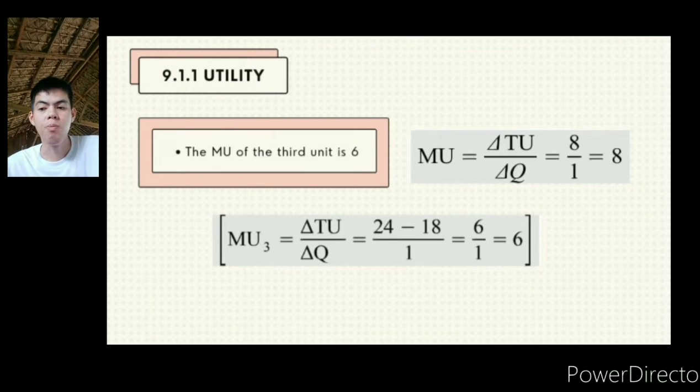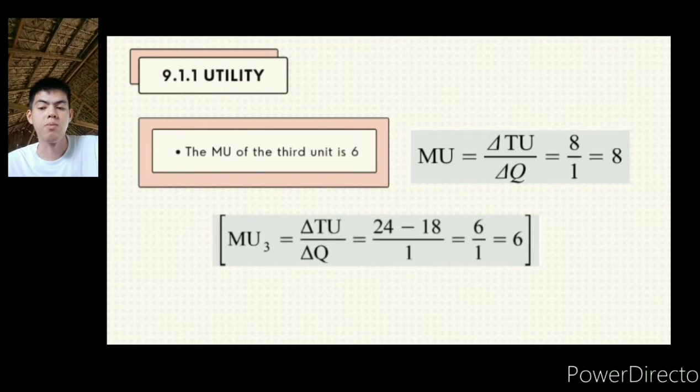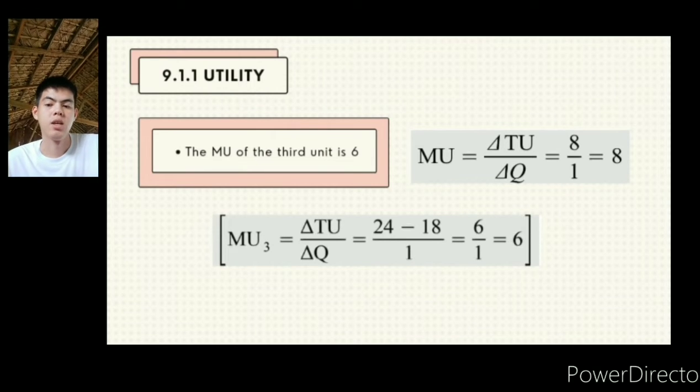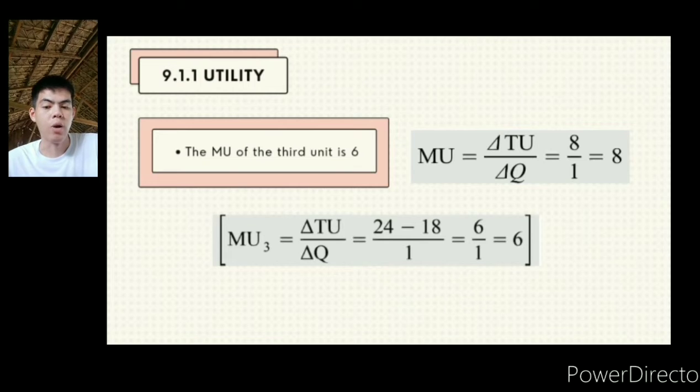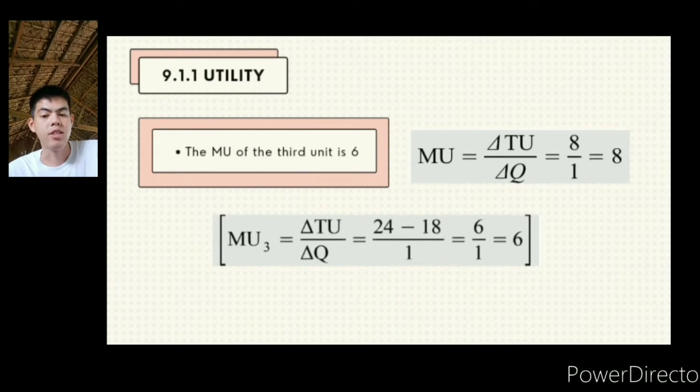Marginal utility of 3 units, ikatlong unit. Total utility over quantity equals, nakita nyo yung 24 saka yung 18 doon sa table. Pag susubtrakin yun, 24 minus 18 over 1. Then sagot ay 6 over 1. Then 6 over 1 is 6.